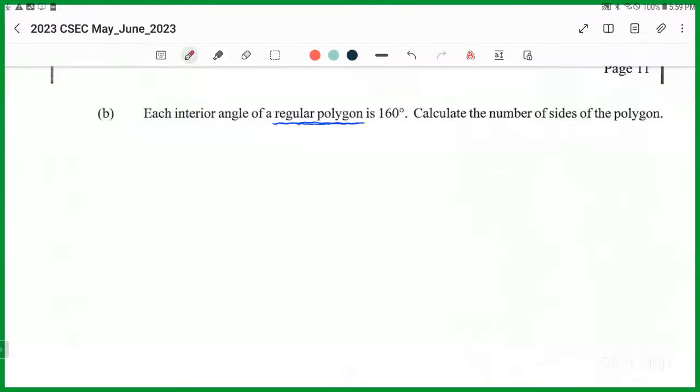All sides equal, because it's regular. All angles equal. The interior angle is 160 degrees. Calculate the number of sides.